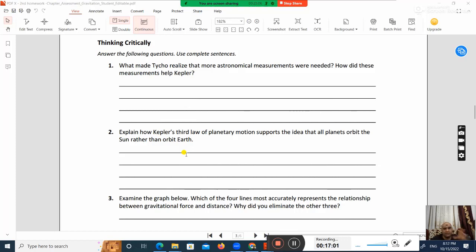So all of the planets orbit the sun, which exists at the center, and the radius of each orbit is directly related to the periodic time of the motion.